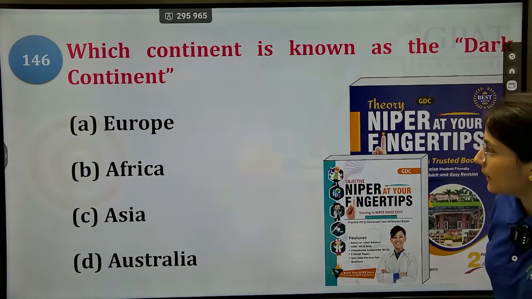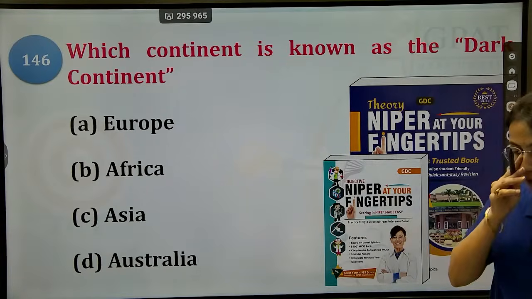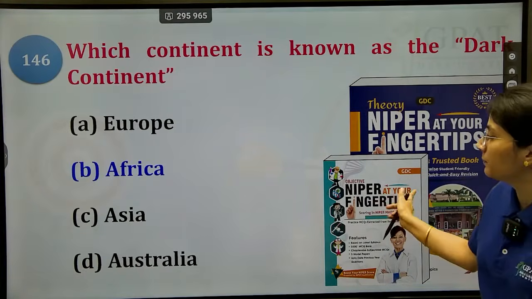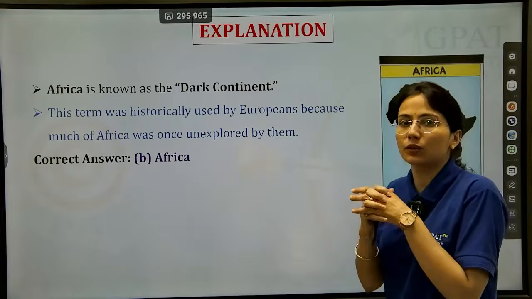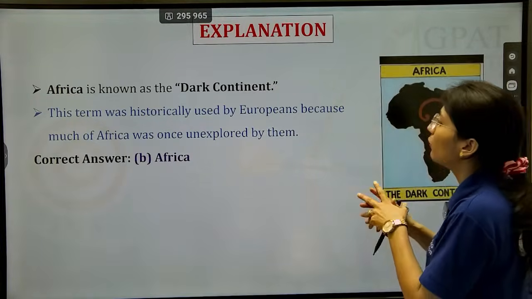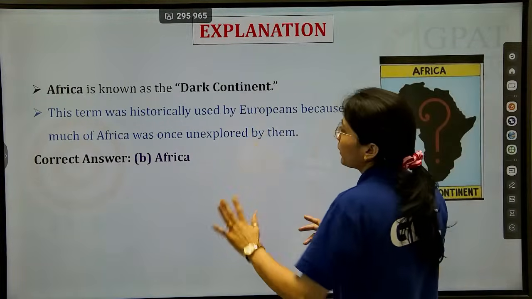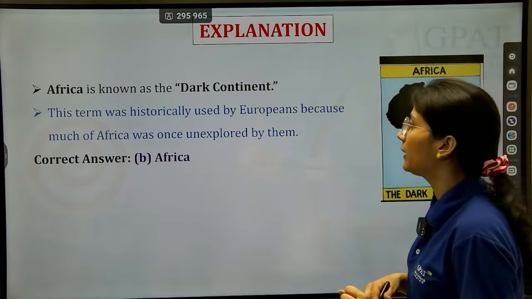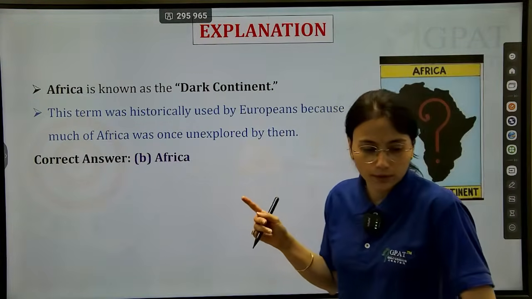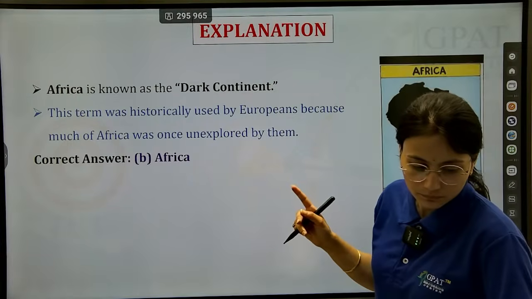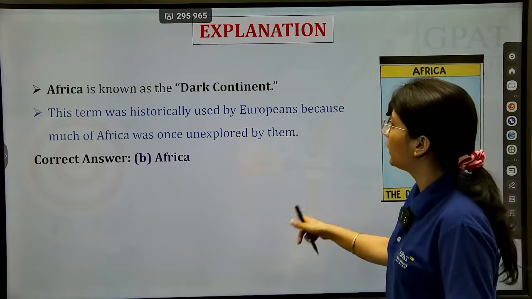B, that is Africa. Very good. Africa is known as the dark continent. This term was historically used by Europeans because much of Africa was once unexplored by them. Now move to the next question.